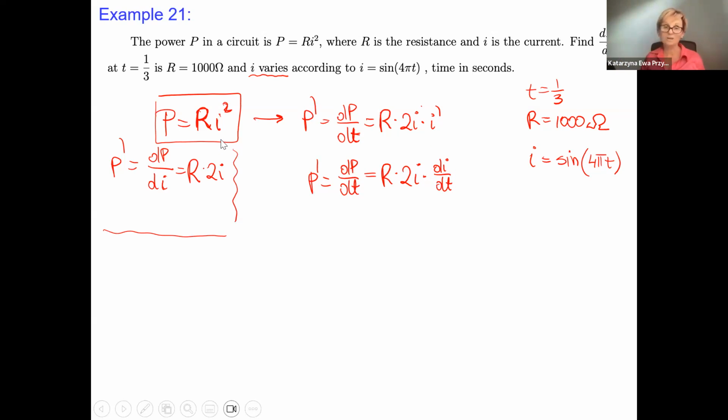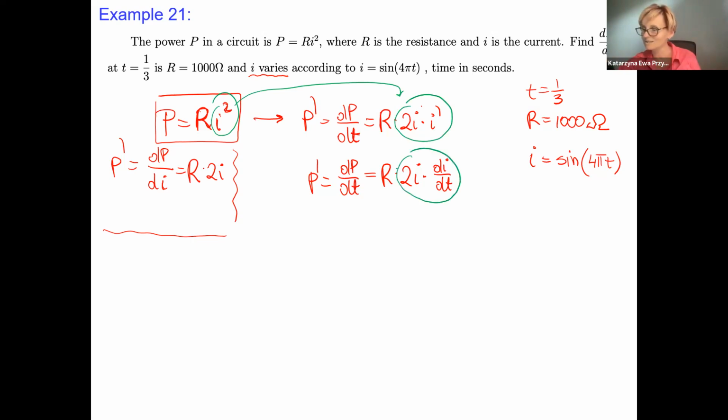The derivative of I squared is 2I times I prime. We know what I prime is: the derivative of I with respect to the variable that is provided, time. Please do not forget what I did.